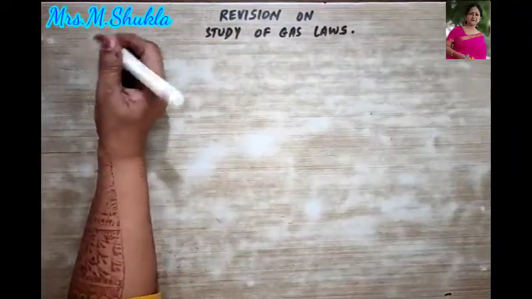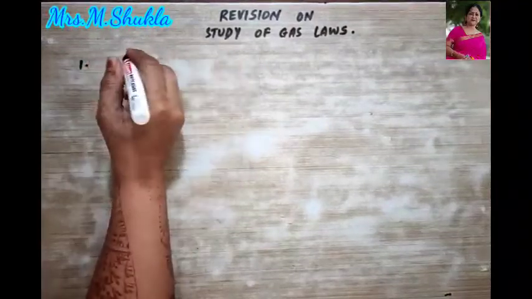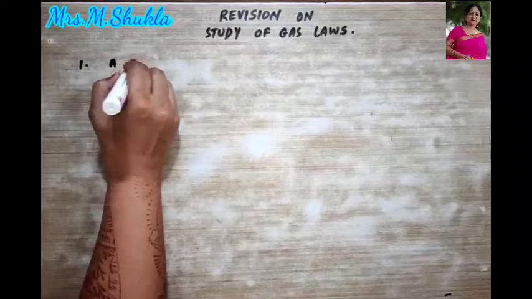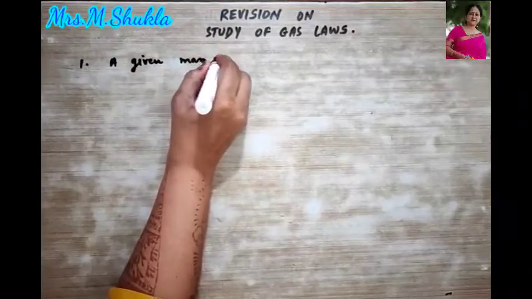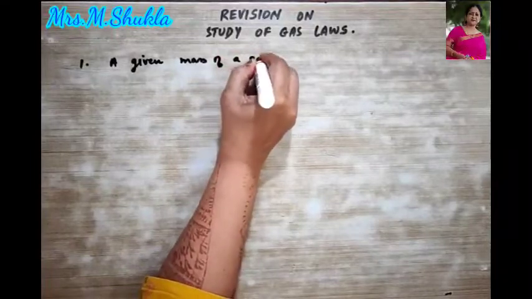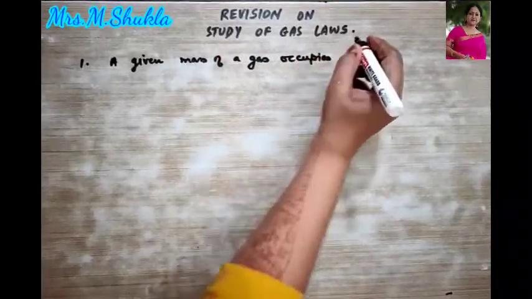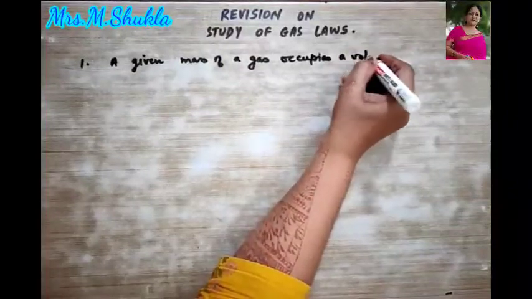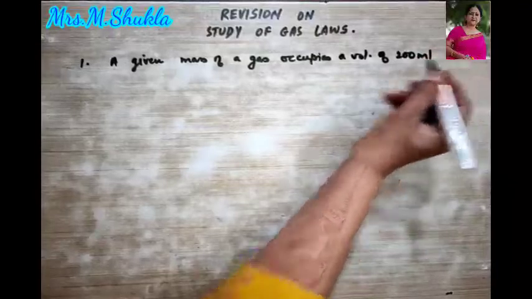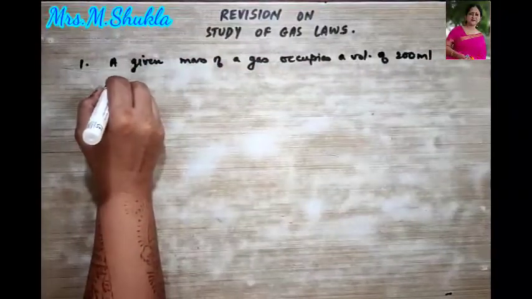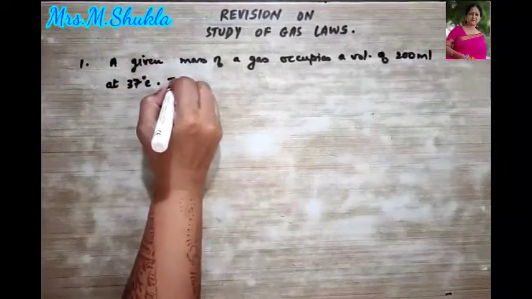Okay, now let us do some numericals. So first numerical, I'm writing down the question over here. Given mass of a gas occupies a volume of 200 ml at 37 degrees Celsius.